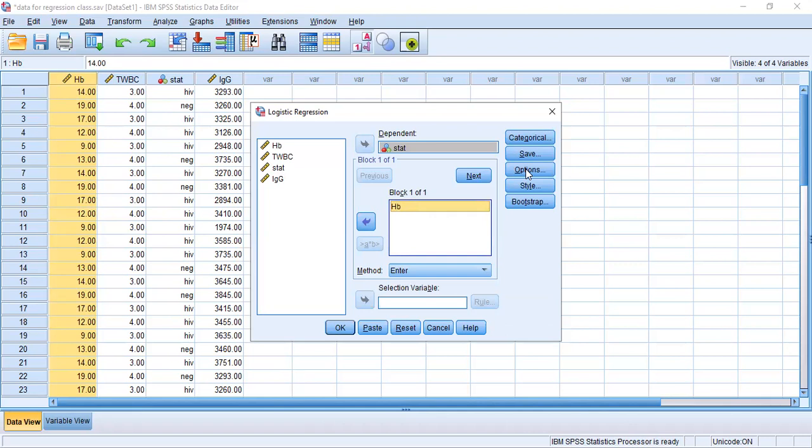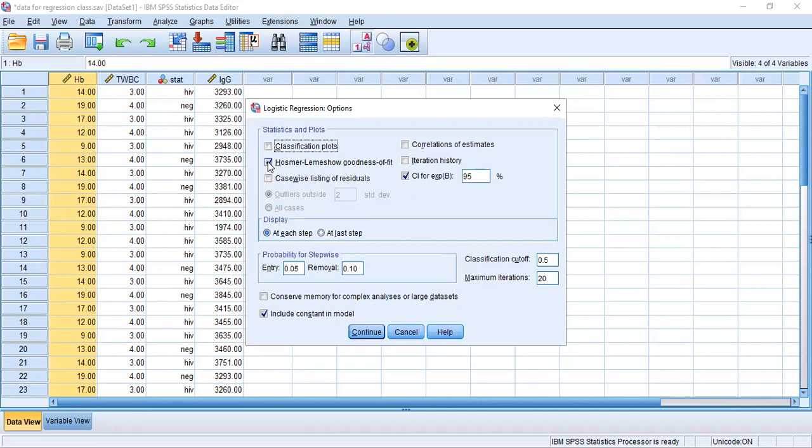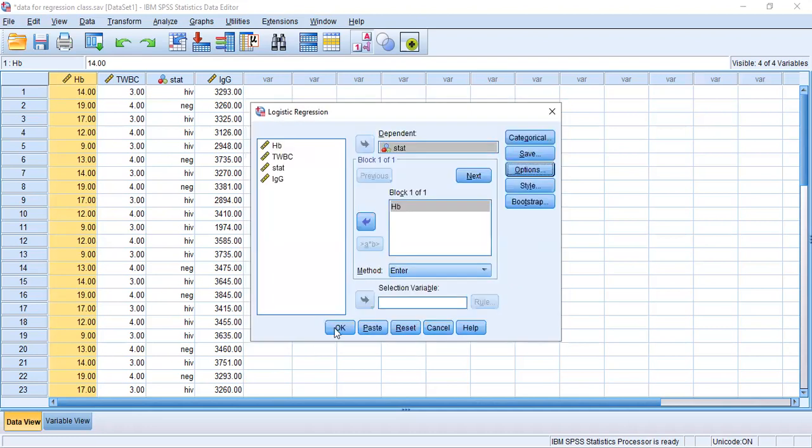So you go to options. You might want to do the Hosmer-Lemeshow goodness of fit test, but I don't want to do that. They are not that essential in interpreting your logistic regression. Many authors or many researchers will still do the statistics, but you have the freedom not to do it. So you check your confidence interval for the odds ratio, and then you click continue, and then you click OK.